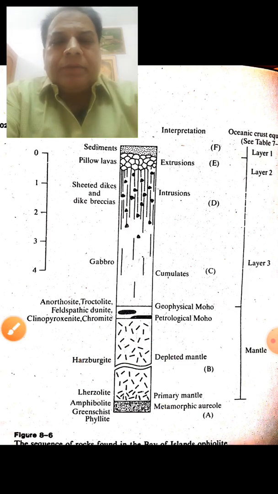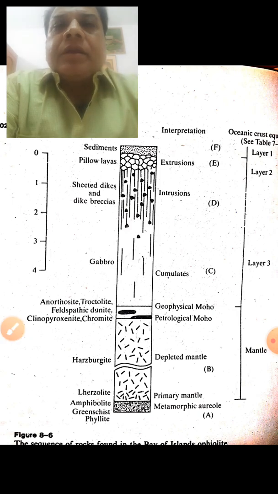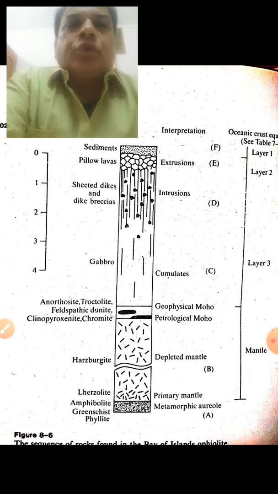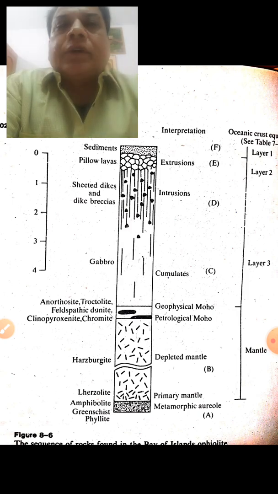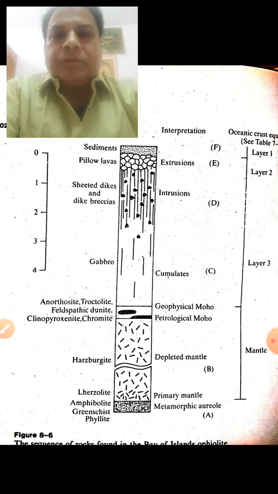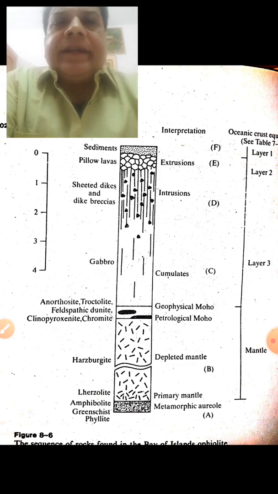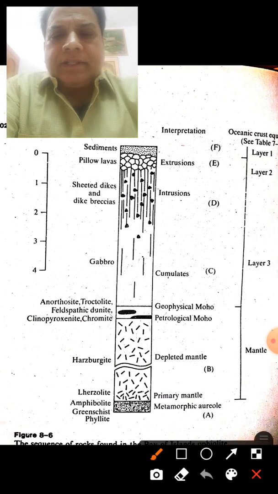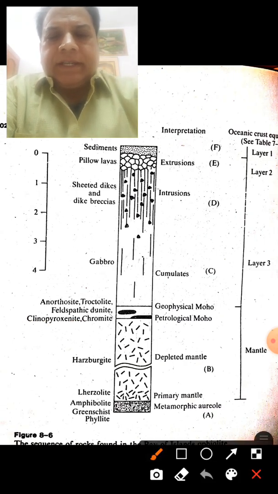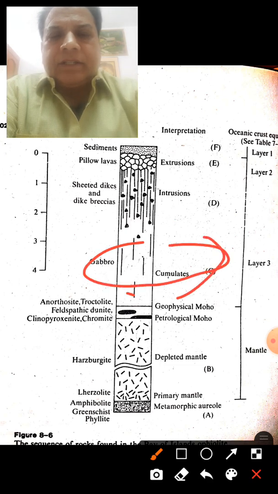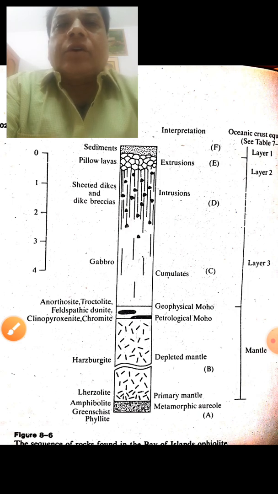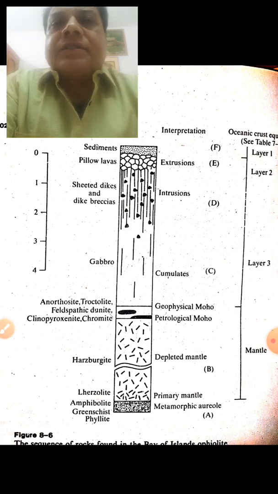Then above this B is your C. Above these ultrabasic rocks is the transition zone, characterized by the first appearance of plagioclase and distinct cumulative texture.